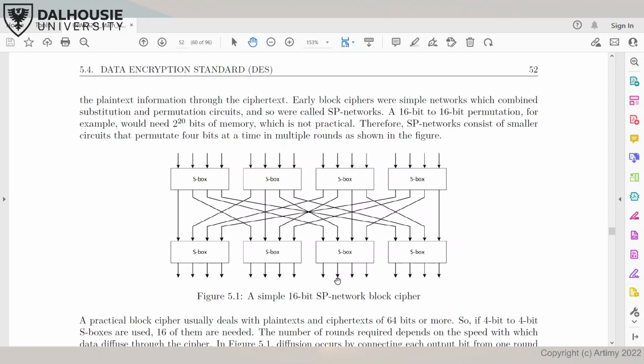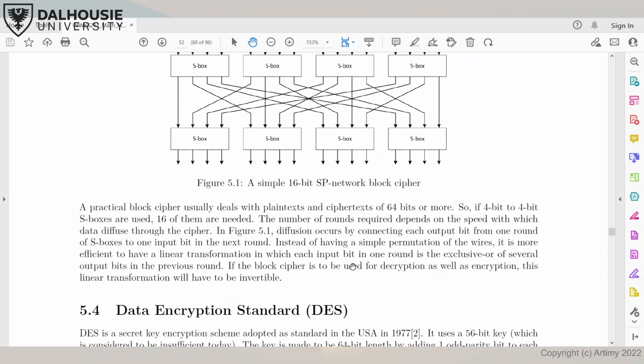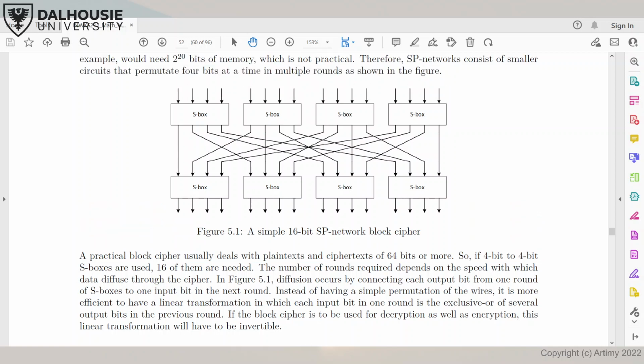The algorithms that we're going to talk about soon are based on this principle, right? So we take output from one iteration and spread it around to multiple outputs. Here we can see that for the S box to the left, one output goes to the first S box, another output goes to the second, the third output goes to the third, and so on. But we're not actually limited to this. We can mix and match in any way we want, right? And we could also do something different.